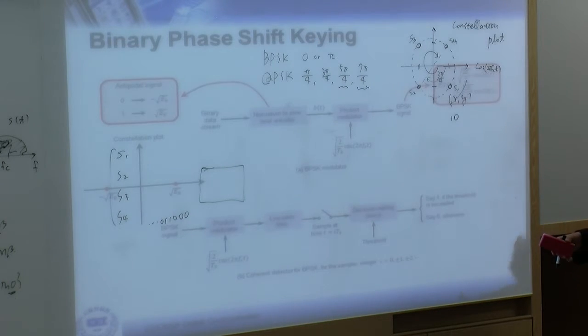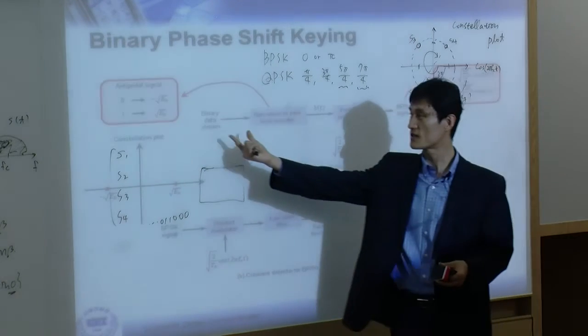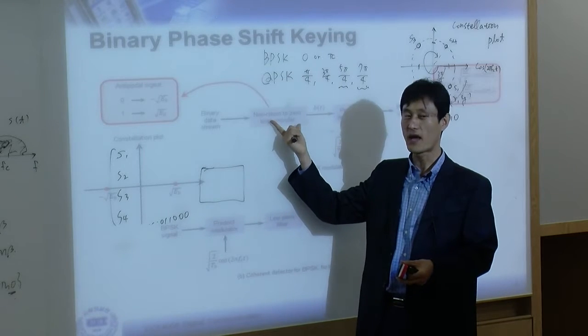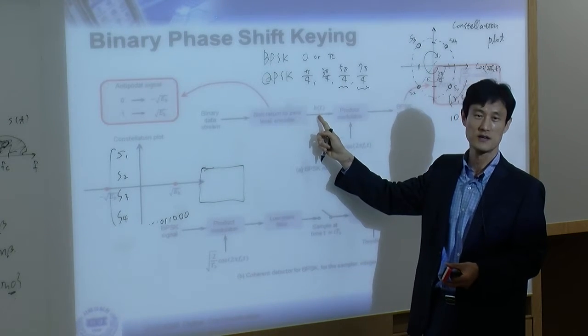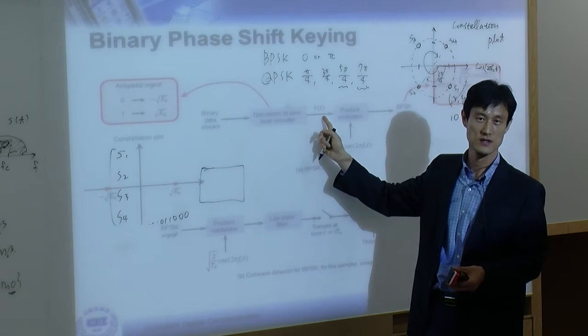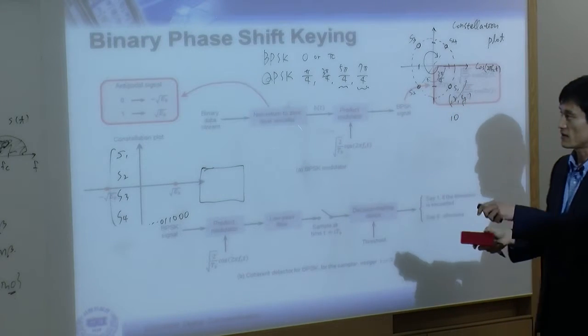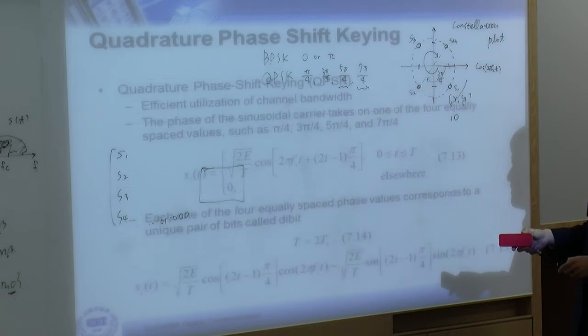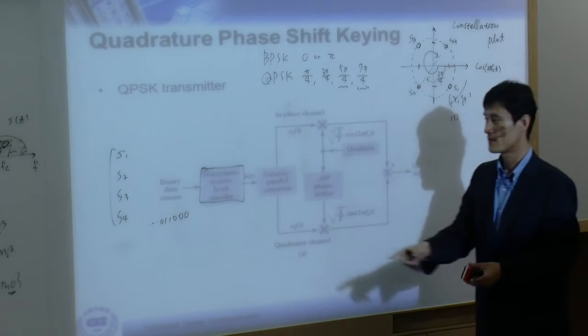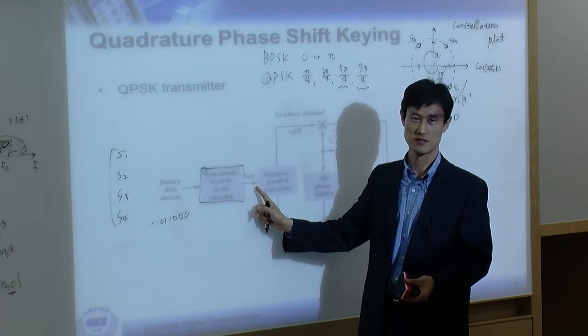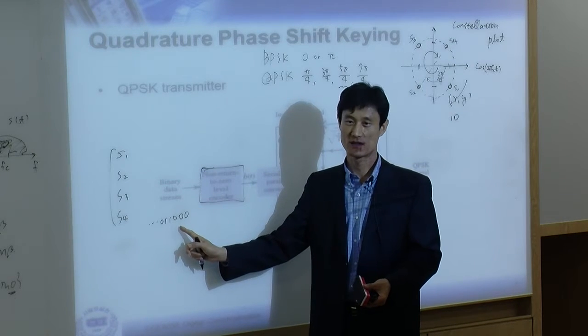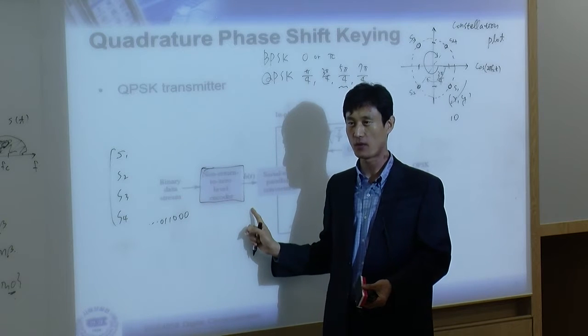This is the picture we looked at, right? We have a bit sequence coming in. This is the mapping between bits to symbol. We have a BT here. BT is a symbol sequence. Exactly the same thing is in QPSK. We have a BT again. This is symbol sequence. Input is a bit sequence. So we need to do bit to symbol mapping.